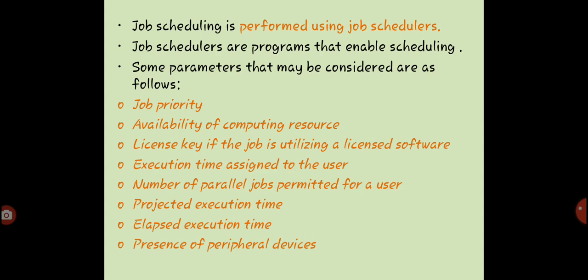Then the number of parallel jobs permitted for a user. The lesser number of jobs will be permitted first, and so on. Then the projected execution time, then the elapsed execution time, then the presence of peripheral devices. So these are the parameters of job scheduling.